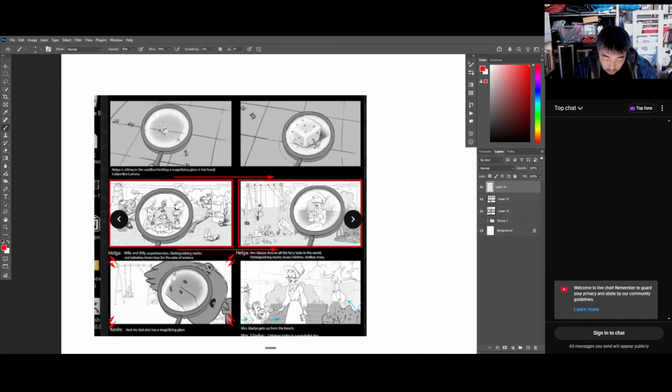Oh wait, is sitting in a sandbox holding magnifying glass in her hand. Subjective camera. Okay. Yeah, I would show with an arrow that the magnifying glass is moving in, or maybe even just have the magnifying glass bigger so you could see us pushing in.